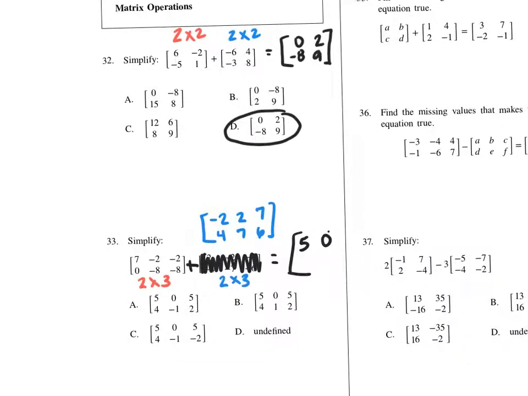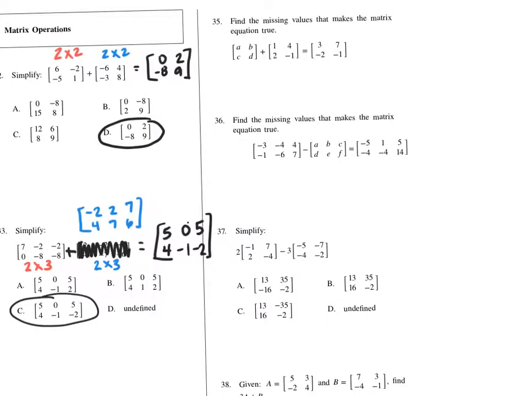Cross that out, look at that one. 7 minus 2 is 5. Negative 2 plus 2 is 0. Negative 2 plus 7 is 5. 0 plus 4 is 4. Negative 8 plus 7 is negative 1. And negative 8 plus 6 is negative 2. So it looks like the answer there is going to be C.